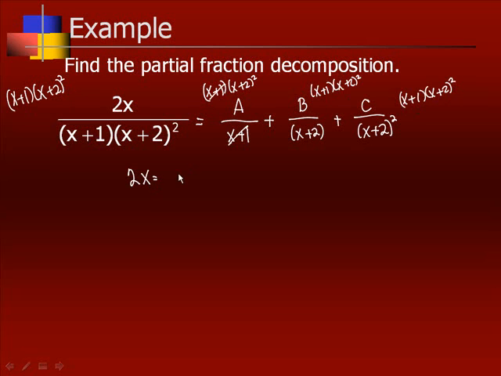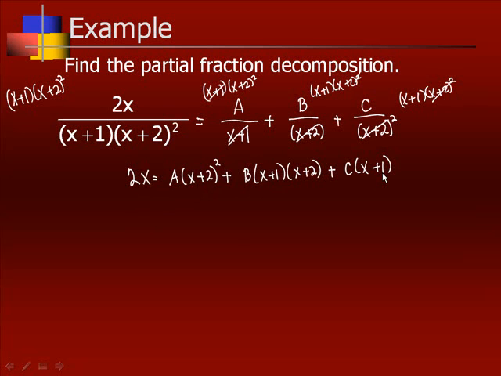Second piece, we're left with A times x plus 2 squared. Next piece, one of the x plus 2's cancels, so we're left with B times x plus 1 times x plus 2. And then the third piece, the x plus 2 squareds cancel, so we get C times x plus 1.